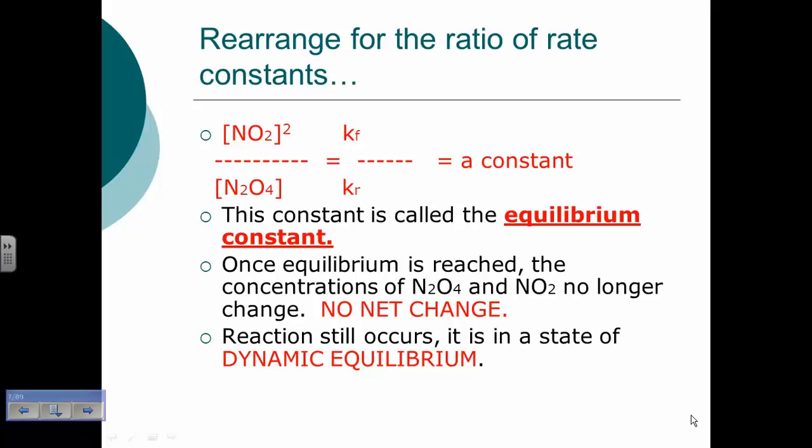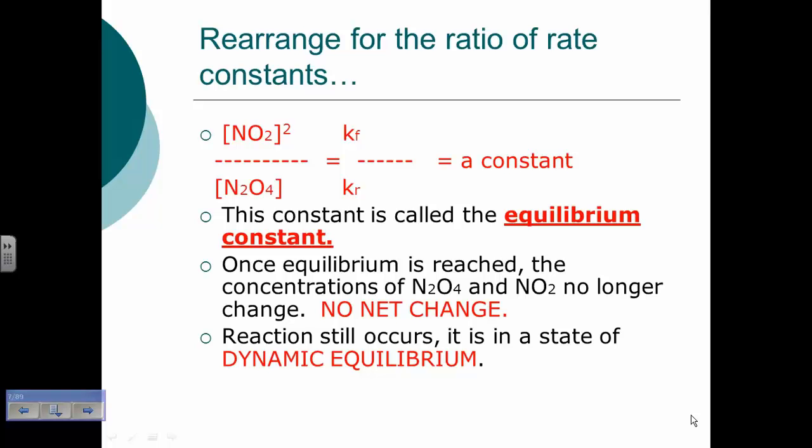We get the following expression. The concentration of our NO2, which is our product, raised to the second power, set over the concentration of N2O4 to the first power, is equal to this ratio of the forward rate constant over the reverse rate constant.